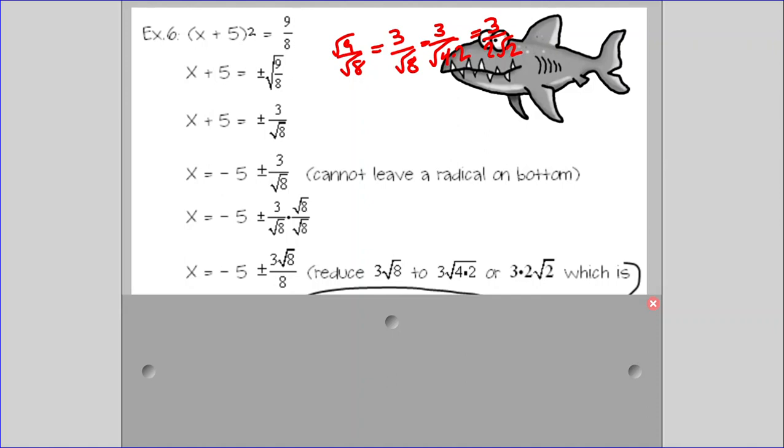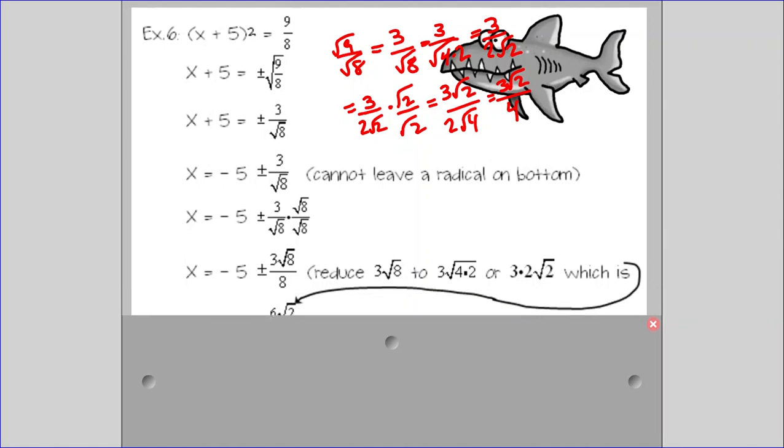Now, this may look different from what I did above, but if I go through the same step here and rationalize this, root 2 over root 2, then we can see that I'm left with 3 root 2 over 2 root 4, and the square root of 4 is 2. So really this is 2 times 2, which is just 4 on the bottom. So I should see 3 root 2 over 4 pop up here.